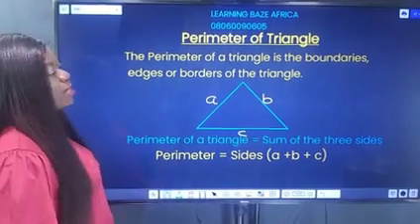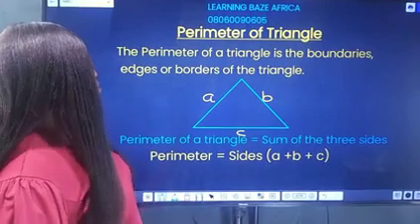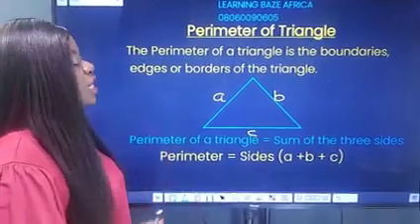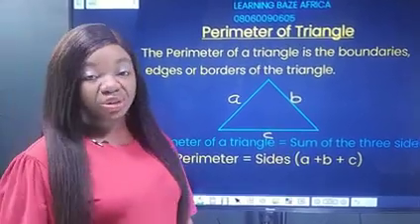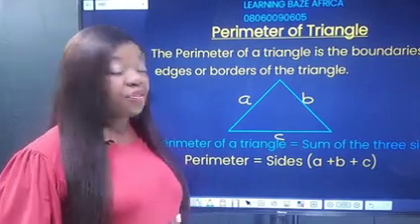Now, let's talk about the perimeter of a triangle. The perimeter of a triangle is the boundary or edges or borders of a triangle. So when you're talking about the perimeter, you're talking about the boundaries, the edges or the borders of a triangle.